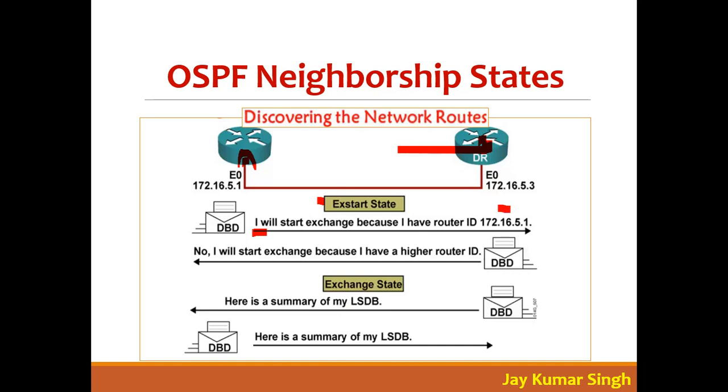Router B says no, I will start exchanging because I have a higher router ID. Then why are they not exchanging like RIP and EIGRP? Here the database exchange is always done by the master router, not the slave router.